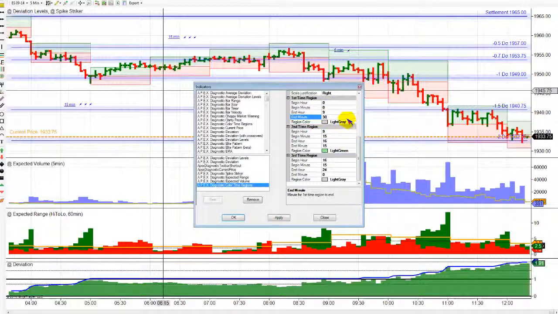Let's make that light gray. We'll make from 4:15 to midnight light gray. We'll make the middle one just transparent. Okay, and then we'll hit OK.